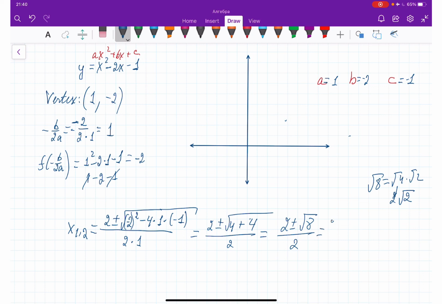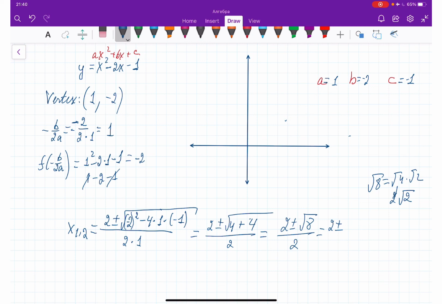So we will get 2 plus or minus 2 times the square root of 2, which is 1.4, so 1.4 times 2 is 2.8.